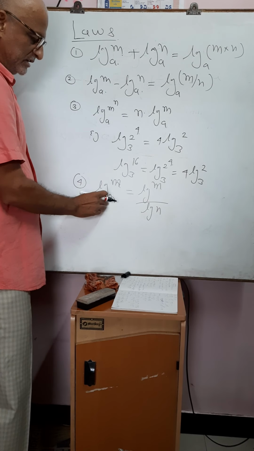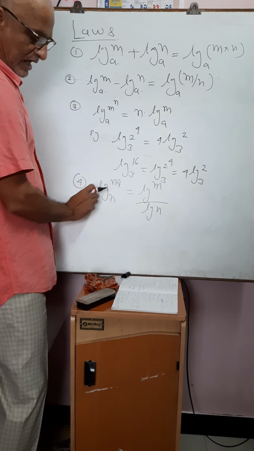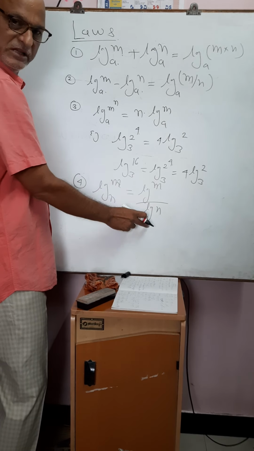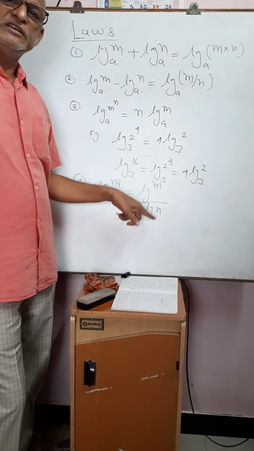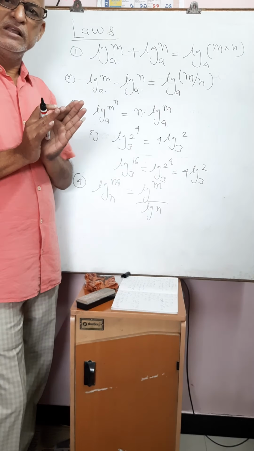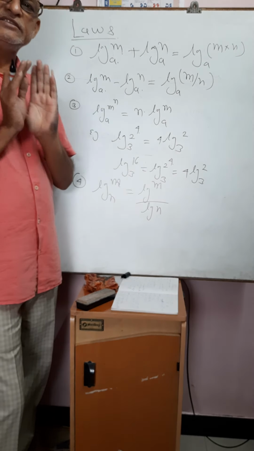Log of m to the base n is equal to log m divided by log n. I have not written the bases here. Since the base is not mentioned, I have not written the base. That means the bases are same. Whenever the base is not given, you have to consider that the base is same.